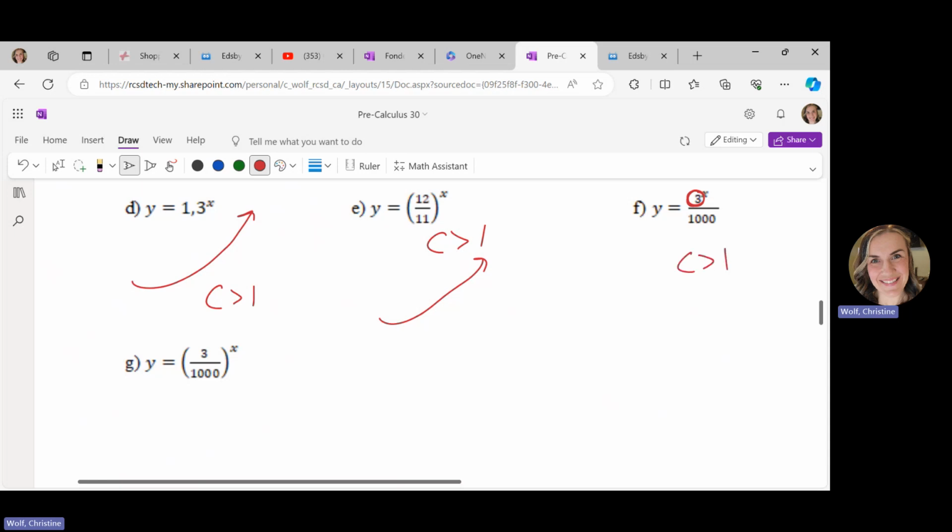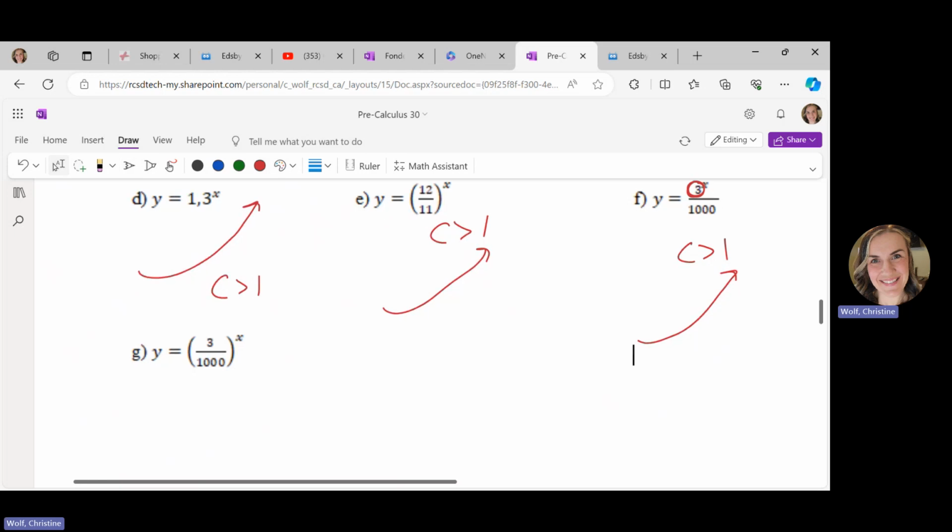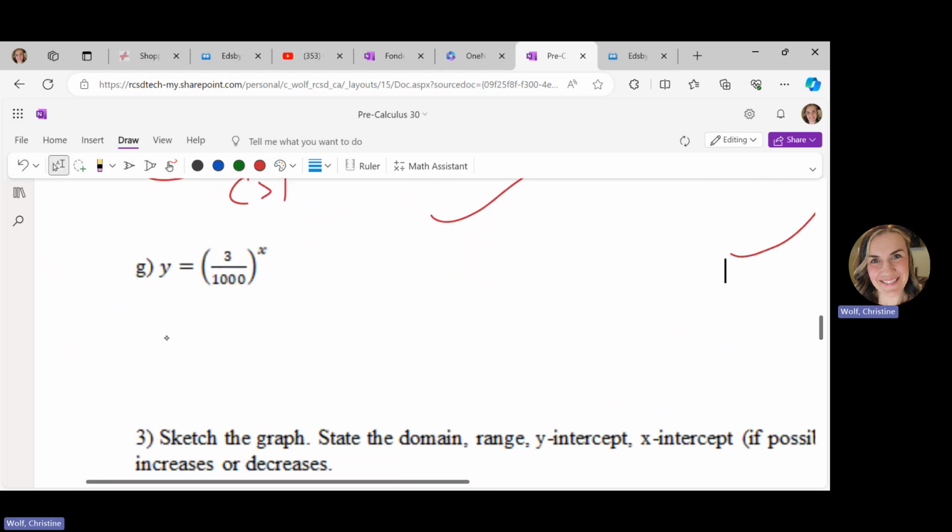Because c is greater than 1, or your 3 is greater than 1, we are going to increase. The 1,000 is just kind of an afterthought. But with this guy, because it's all in brackets raised to the power of x, that whole thing is the base. So 3 divided by 1,000 is very, very, very tiny, 0.003, right? And so that decreases because that is in between 0 and 1.